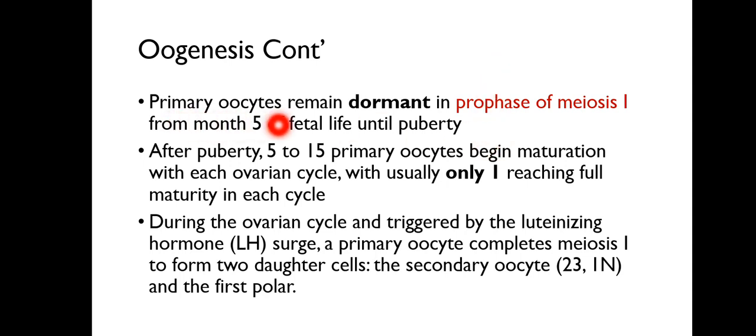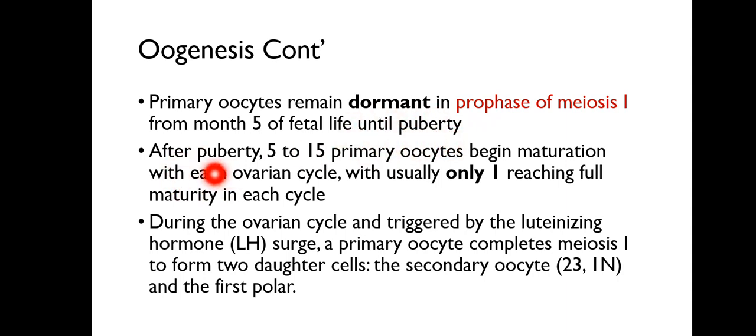The primary oocyte will remain dormant in prophase 1 of meiosis 1 from month 5 of fetal life until puberty. So this is the stage where the primary oocyte is blocked, or goes to rest, and it's going to wait until this female baby reaches puberty.